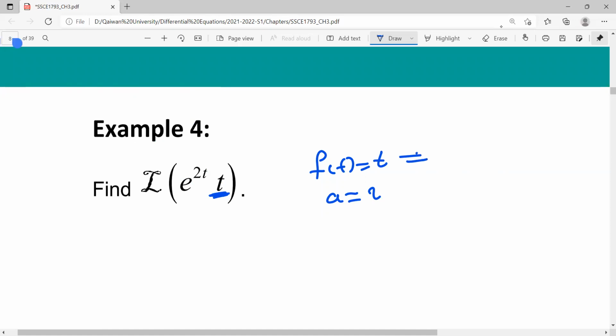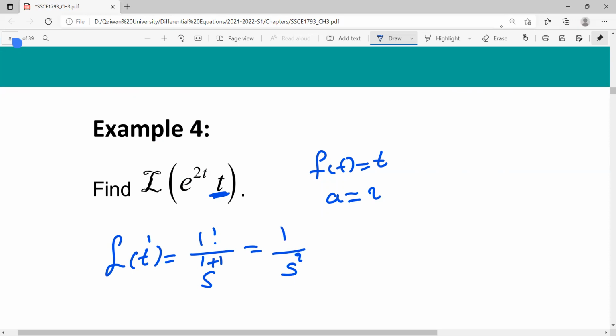Let me write it down below. The Laplace transform of t equals 1 factorial, the exponent is 1, divided by s to the power 1 plus 1, we just add 1 to the exponent. It is 1 over s squared.